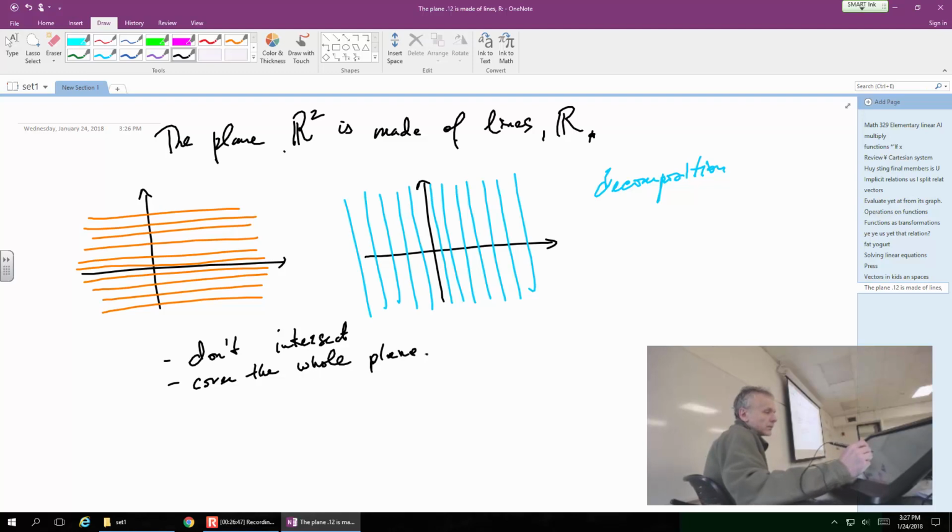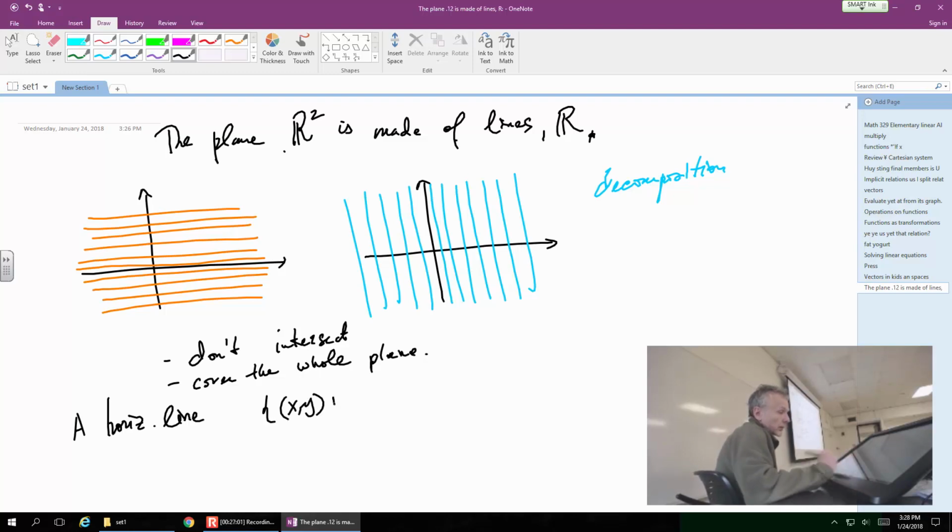So let's make this algebraic. Horizontal lines are {xy}. So let's start using the set notation. Does this notation with the braces look familiar? So braces, then xy, depending on the dimension, might be higher, but let's say dimension 2.